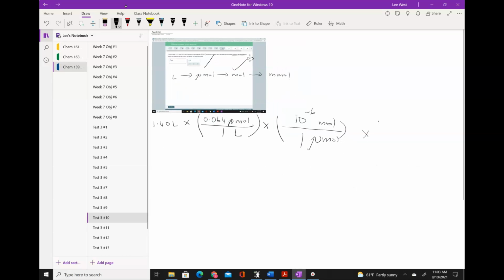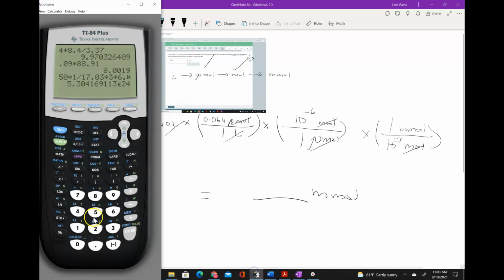And then finally I'll put mole on the bottom and millimole on the top: in 1 millimole there are 10 to the minus 3 moles. So liters goes, micromoles goes, moles go, and the only thing that I'm left with is millimoles, which is exactly what I wanted. So let's see what that looks like.